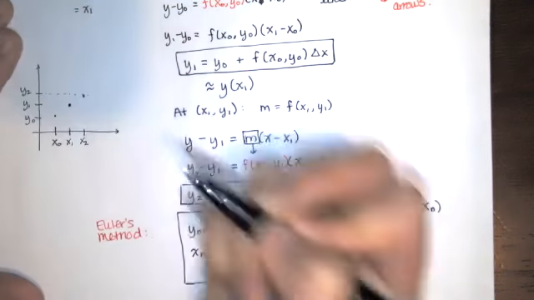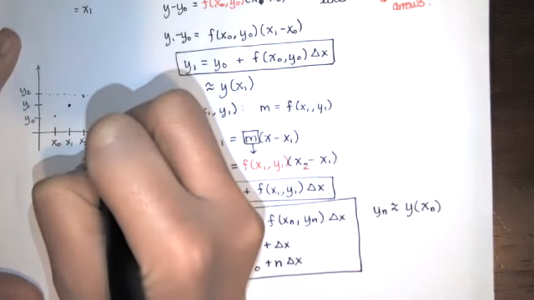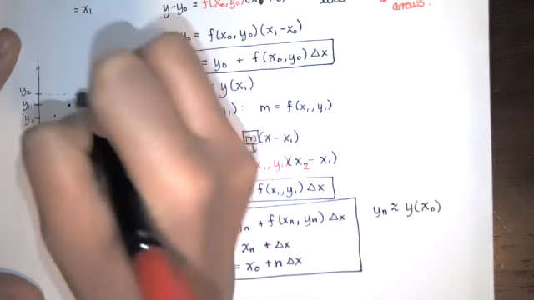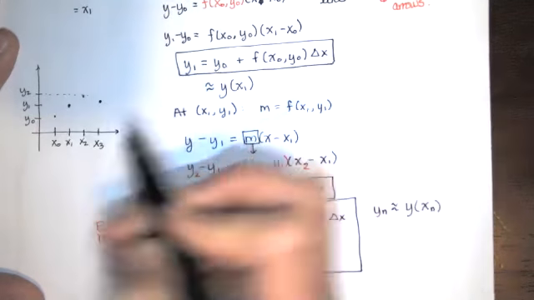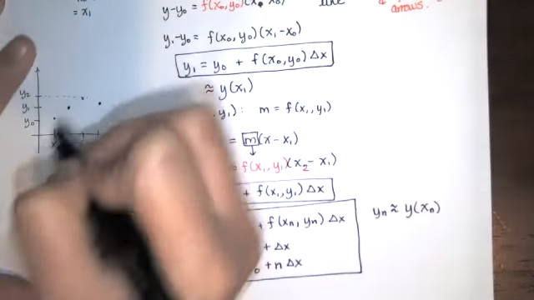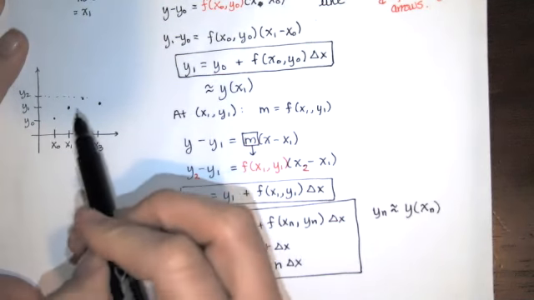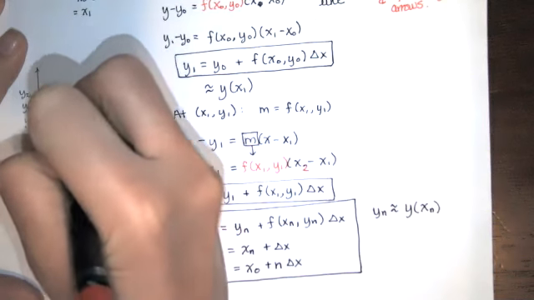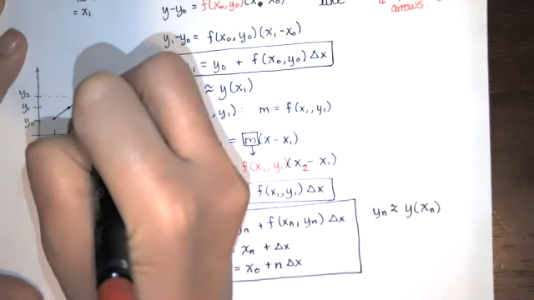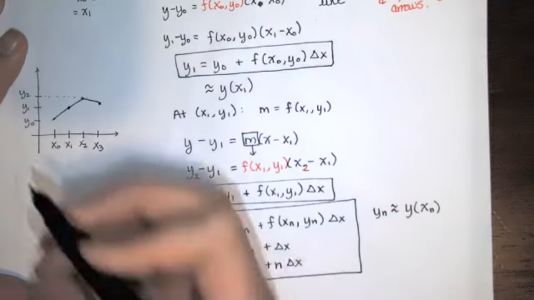Maybe that's our approximate solution, y sub 2. And then you do the same thing at x sub 3. Maybe the tangent line has a negative slope this time, so we end up over here. And so that's y sub 3. And so you've got x sub 0, y sub 0, x sub 1, y sub 1, x sub 2, y sub 2, x sub 3, y sub 3. And if I connect these with line segments, that's an approximation to my solution curve.